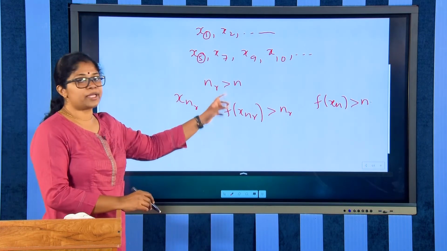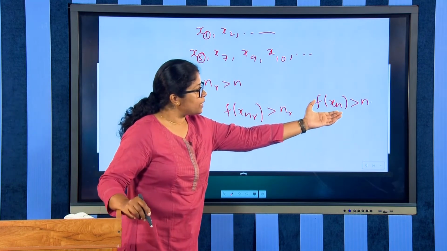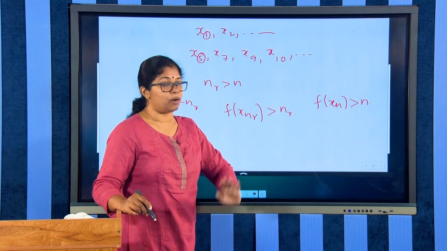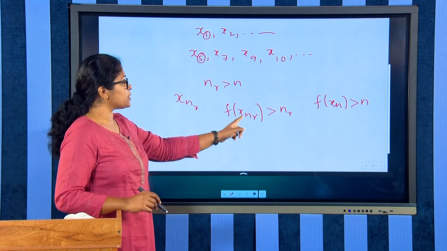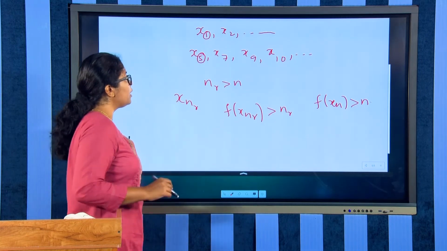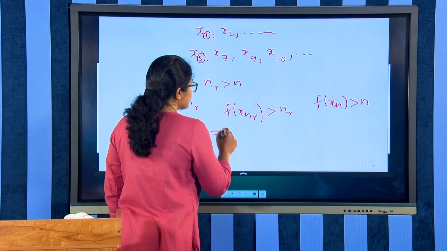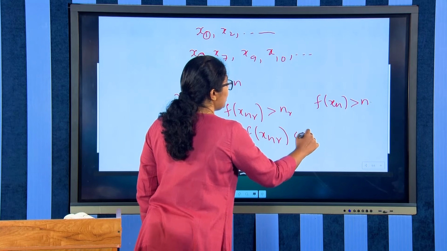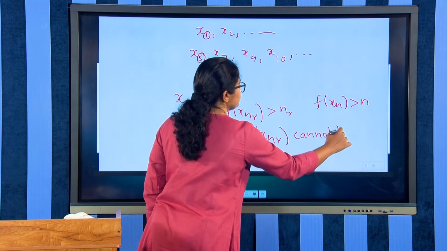So, this follows from the result that f of xn is greater than n. We have established this by our assumption that f is unbounded. So, f of xnr becomes greater than nr, and this indicates that our f of xnr cannot be bounded.